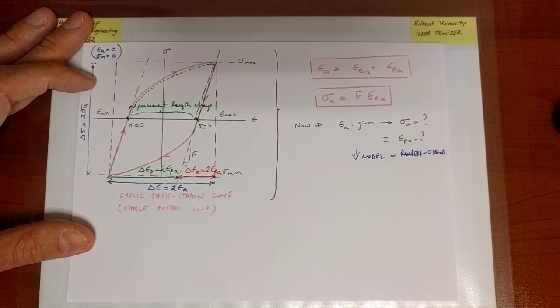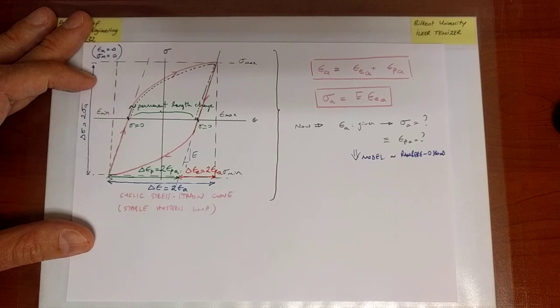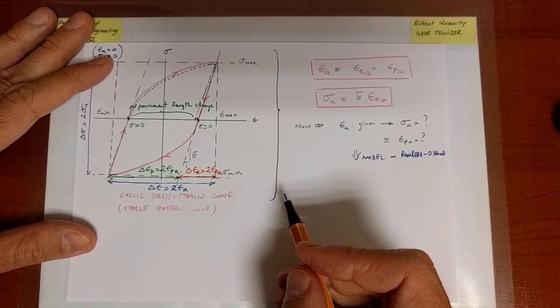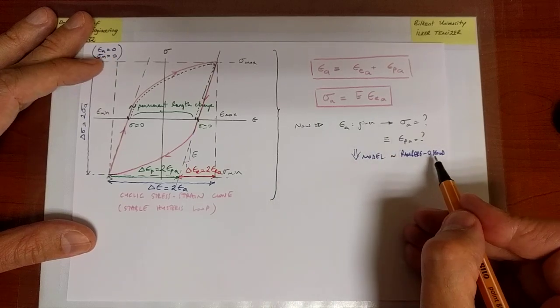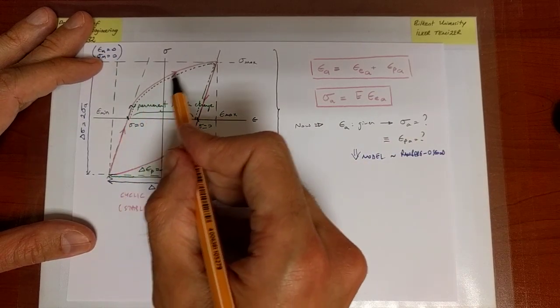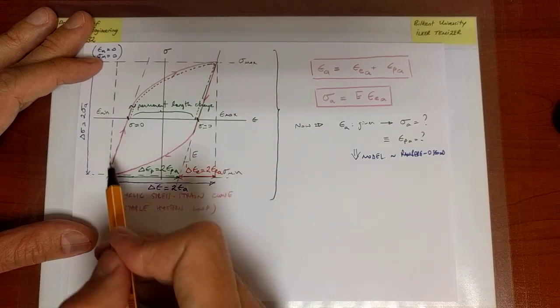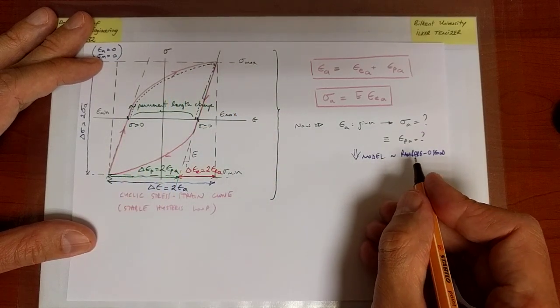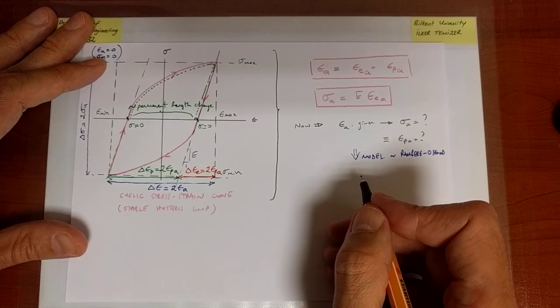So the model will help me predict what the plastic portion of the strain is. And the model works just like the way it did in the Ramberg-Osgood case. We are proposing Ramberg-Osgood because it turns out that the way the cyclic stress strain curve looks is something that can be modeled with the Ramberg-Osgood relation.